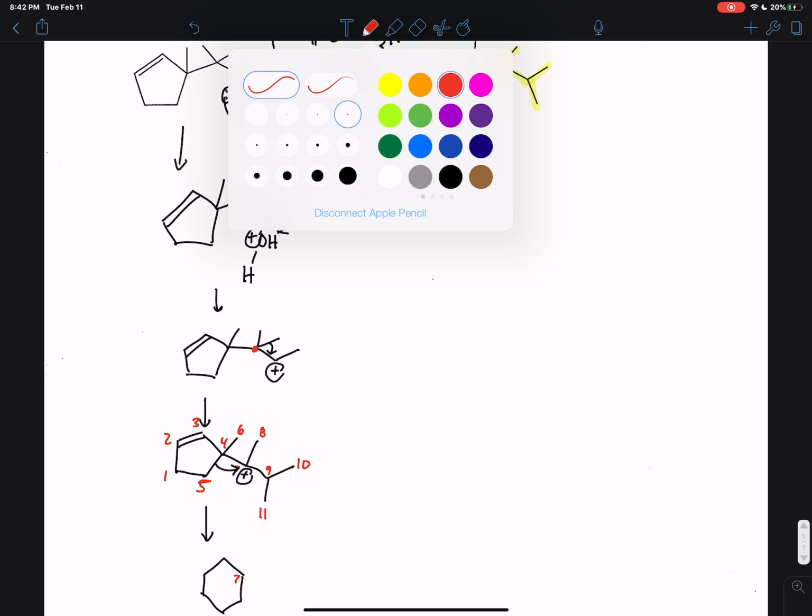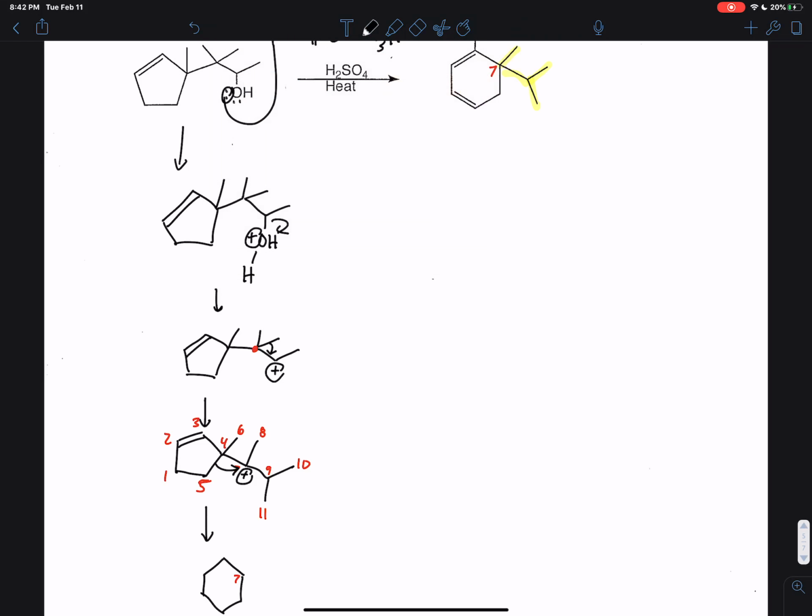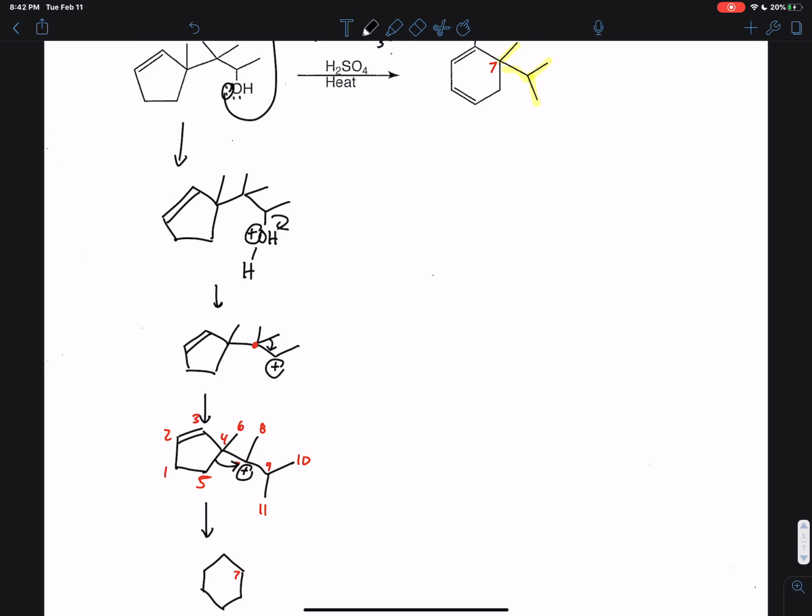And then I look at my numbering. So right here, 7 is going to have what coming off? Isopropyl, right? And then it's also going to have that methyl group, the carbon number 8, okay? Like that.